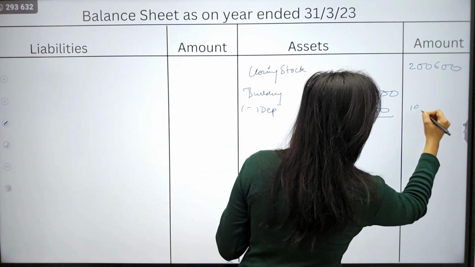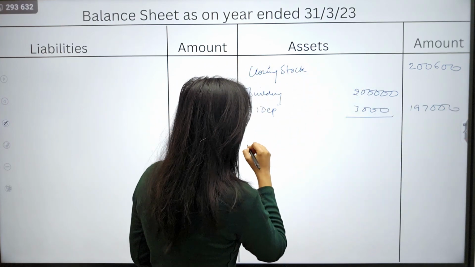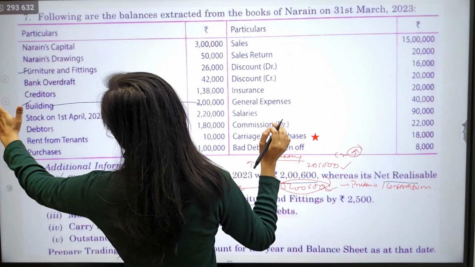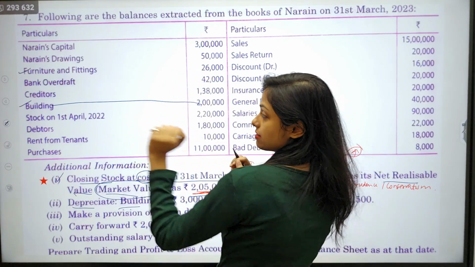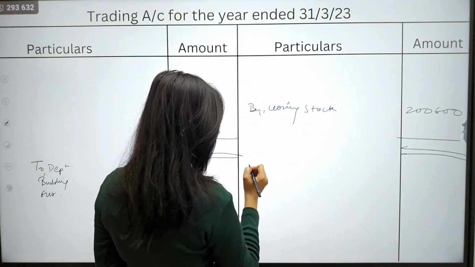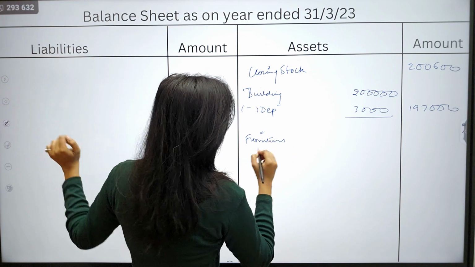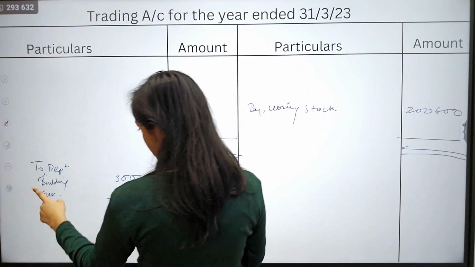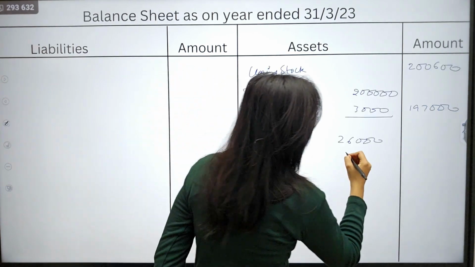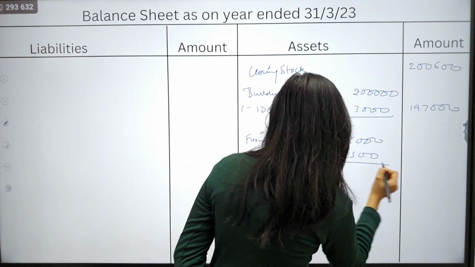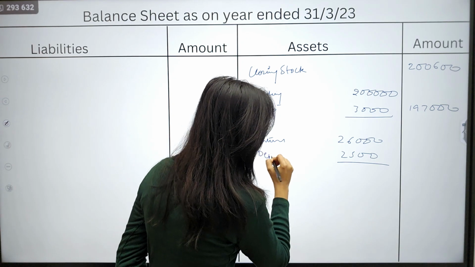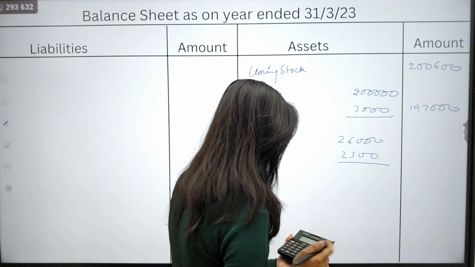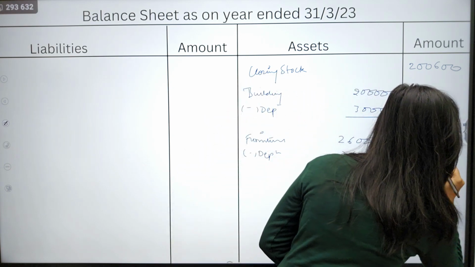That means I'll write 1,97,000 over here. Now furniture and fittings, let's see how much this is. This is 26,000 rupees. So I will write furniture 26,000 rupees and the amount of depreciation was 2,500. Let's calculate this. 26,000 minus 2,500 is 23,500.